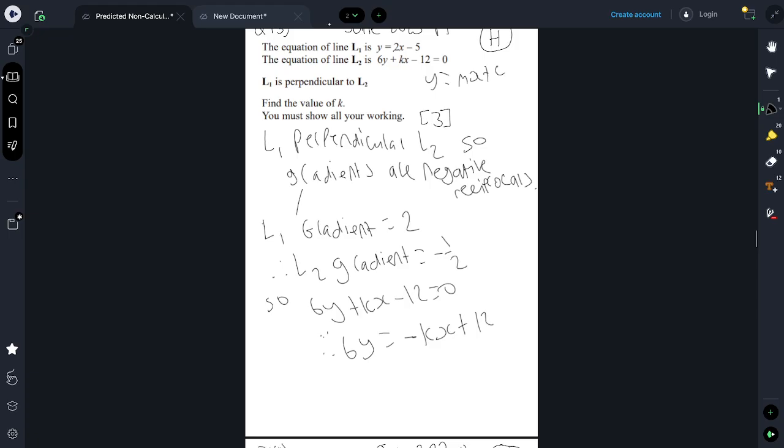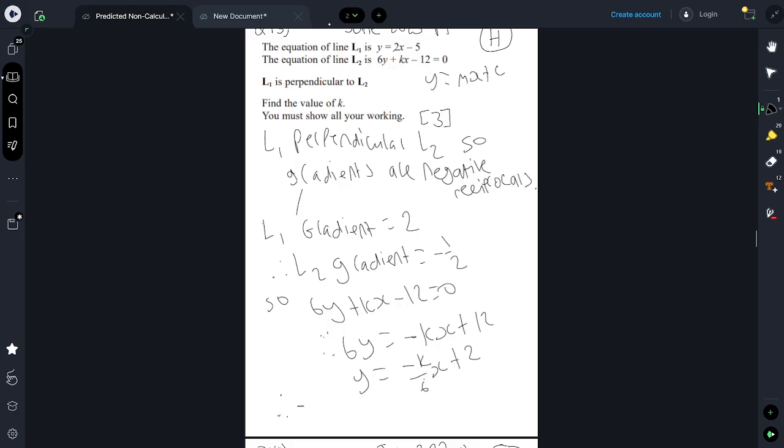Subtract kx from both sides, add 12 to both sides. Then divide by 6: y equals minus k over 6 x plus 12 over 6, which is 2. 12 divided by 6 is 2. Hopefully that's clear.